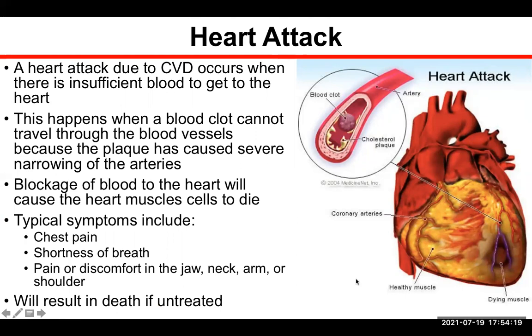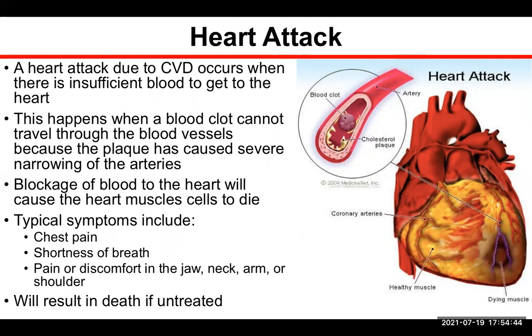If this is not treated immediately, this will end up resulting in death. So what doctors end up doing is building something called a stent and helping to shuttle the blood so the rest of the heart actually gets sufficient supply of nutrients. Now, so that's a heart attack.